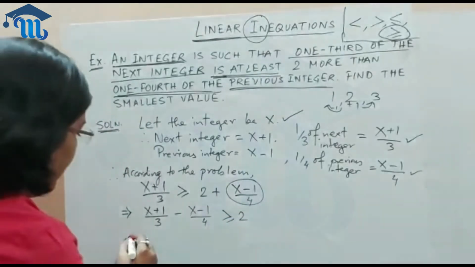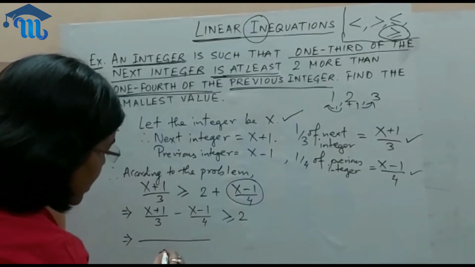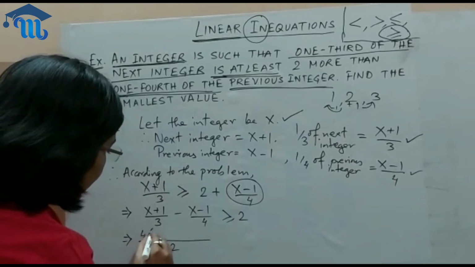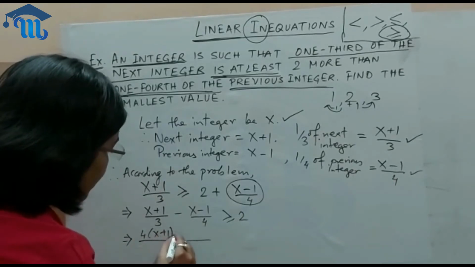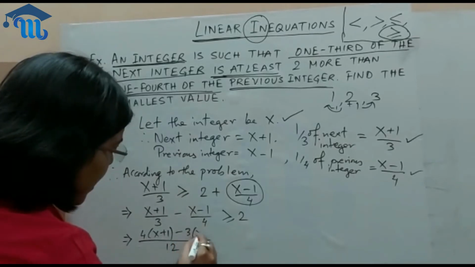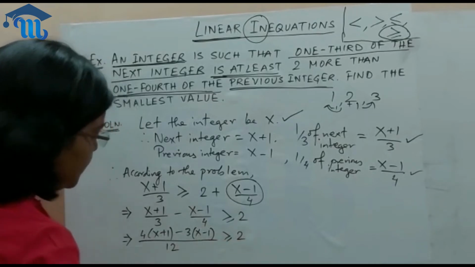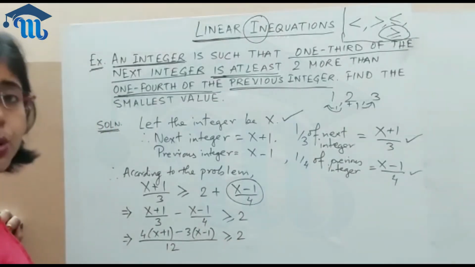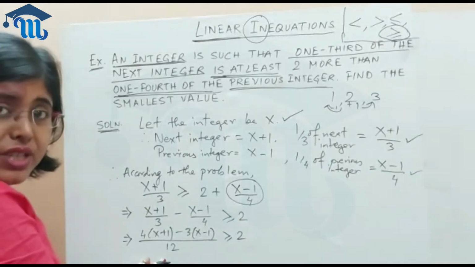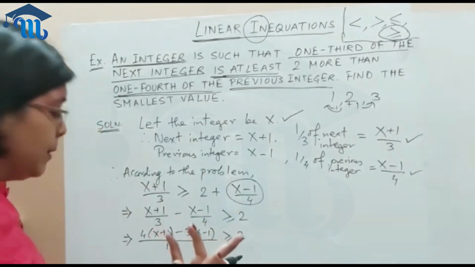Alright, now very simple. We are going to take the LCM of 3 and 4, which is 12, which means 4 into (x plus 1) minus 3 into (x minus 1), over 12, that is greater than equal to 2. Right? Now what we can do is we can simply take 12, since it is dividing on the left hand side. If we take it to the right hand side, it would be nothing but multiplication.